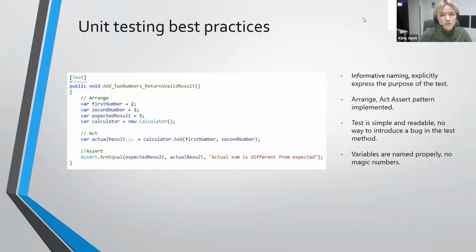Magic numbers is an anti-pattern in automated testing, when we skip the arrange part and just put 3 and 5 into this add method. Since we test a very simple method here, it's intuitive and obvious.